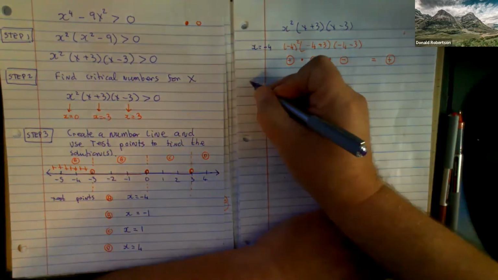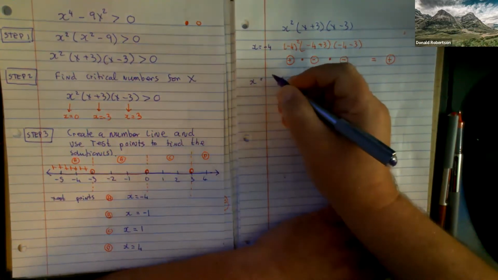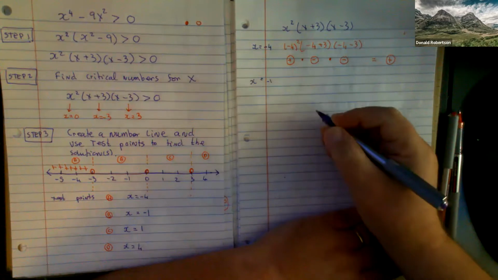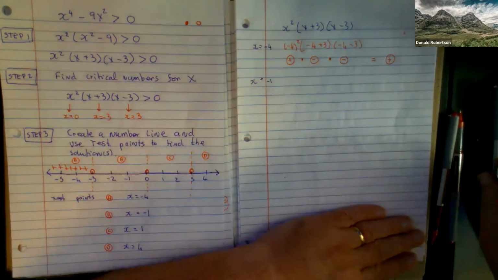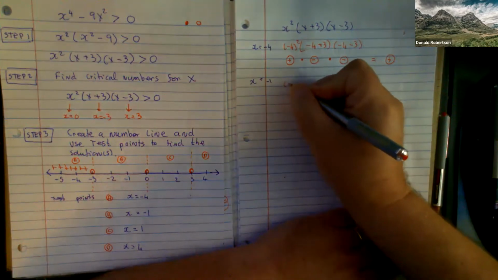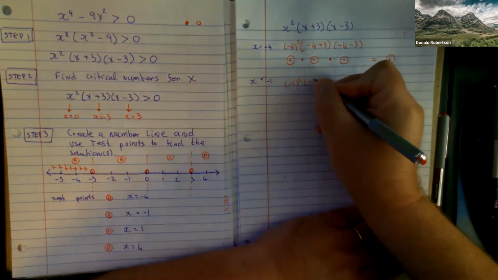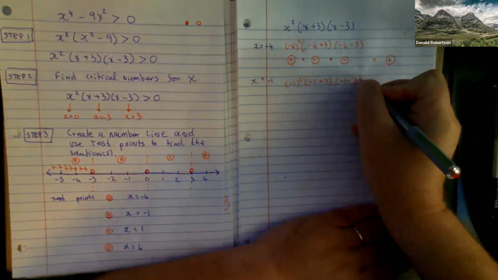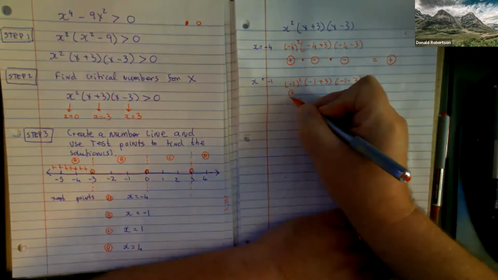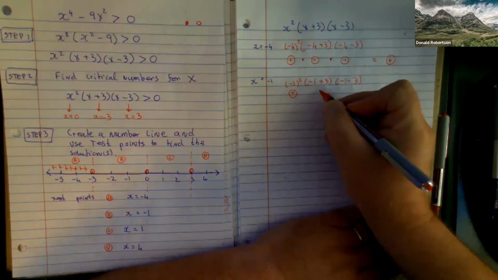Now, the next one would be at x equals -1. And if I plug in -1 here, what do I get? I get -1 squared, -1 add 3, and -1 take away 3. And -1 squared is positive. That guy times that is a positive thing.